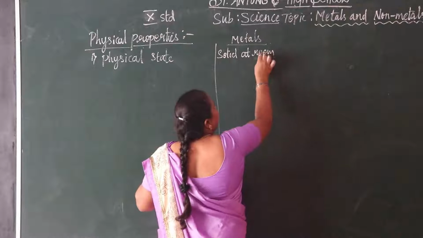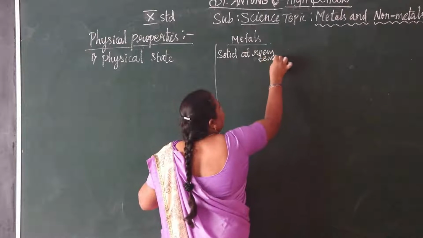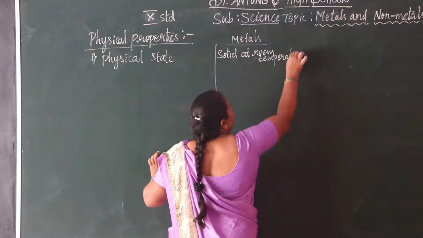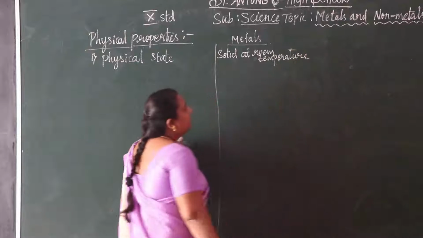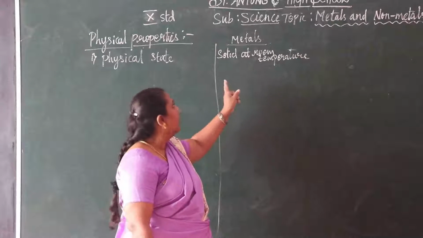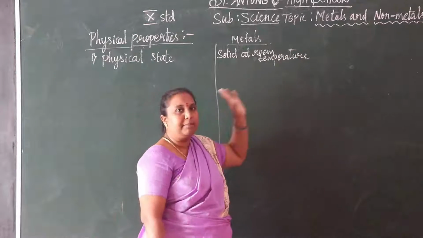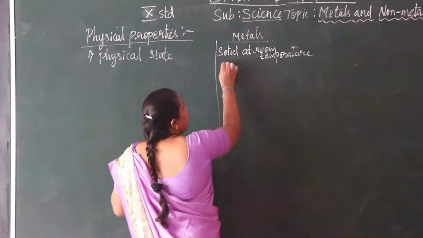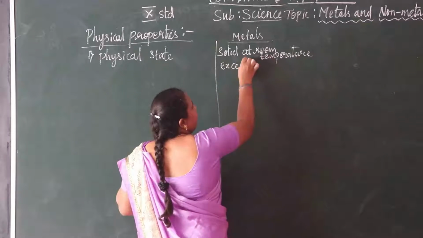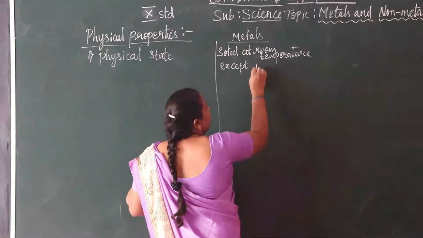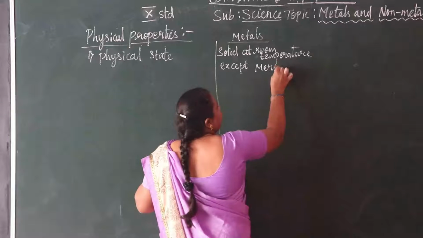What is the physical state of metals? Solid at room temperature, except what? Mercury and gallium.